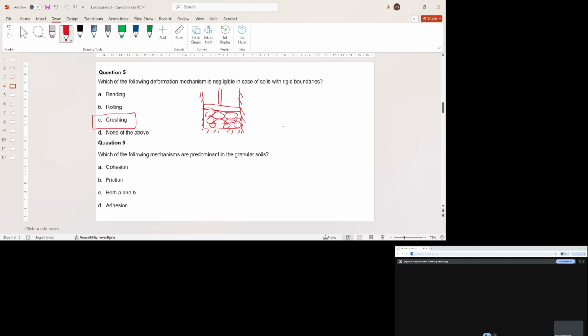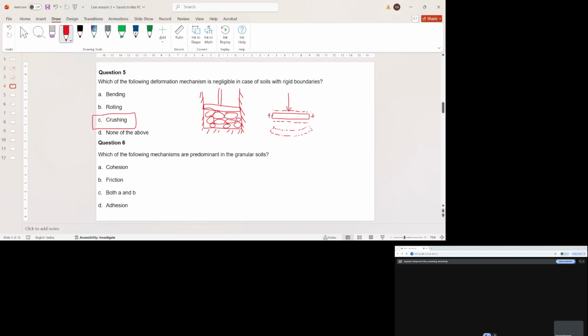Coming to clay type of soil, there is a flaky structure where the edges are positive and the surfaces are negative. Now when we apply the load, it tends to bend due to its flaky nature and because of its slenderness ratio.